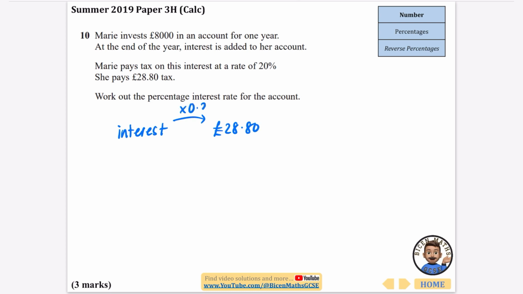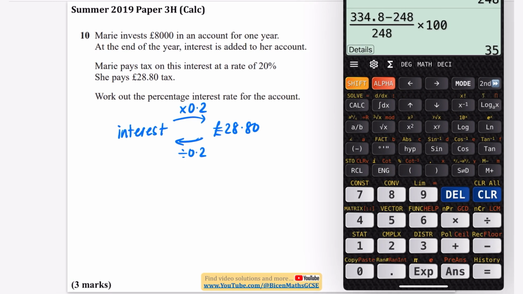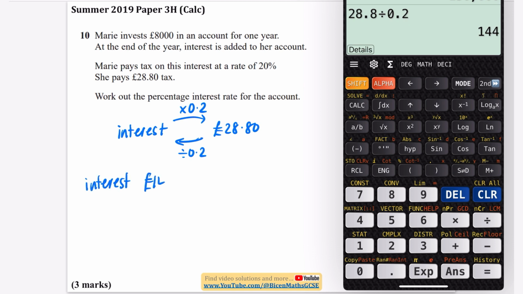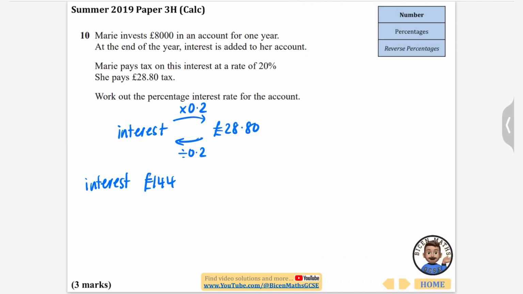Now 20% as a decimal is 0.2. So if we want to go backwards, we can divide it by 0.2 and that will say how much interest she's made. So 28.8 divided by 0.2 is 144. So this means that the amount of interest that she made was £144. We want to try and find out how much that interest rate is for the account.